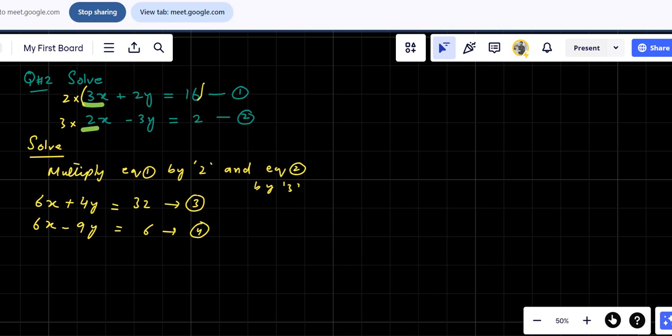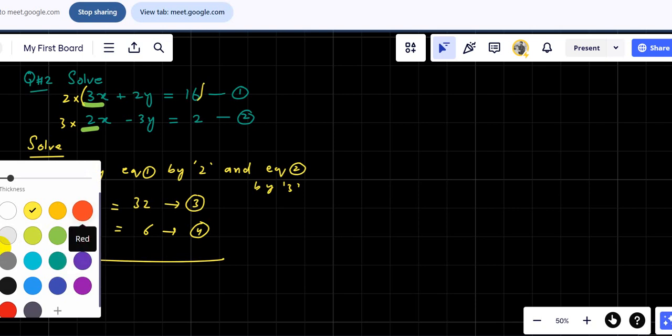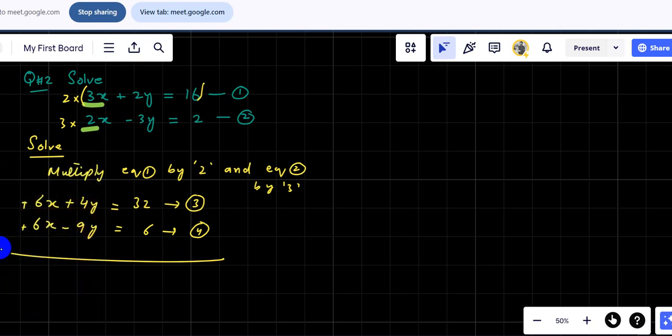Because they have the same sign, we subtract these equations. While subtracting, the signs get changed: positive becomes negative, negative becomes positive. You got this point?